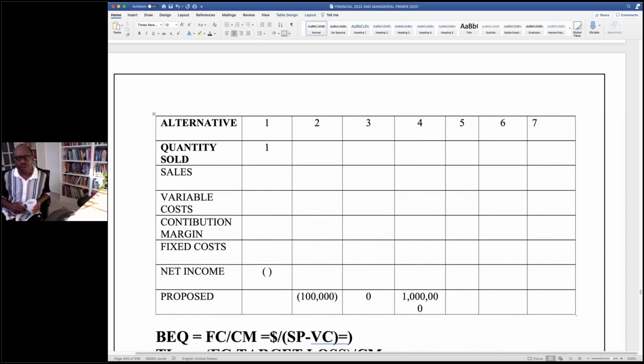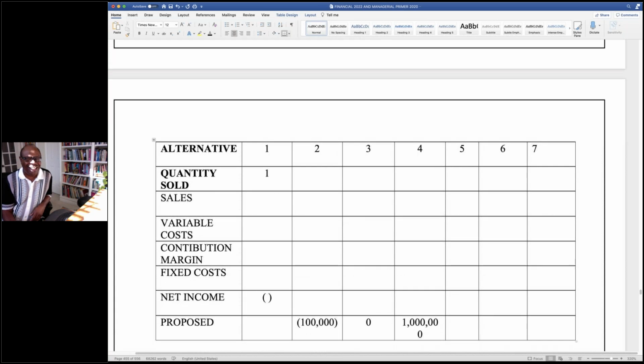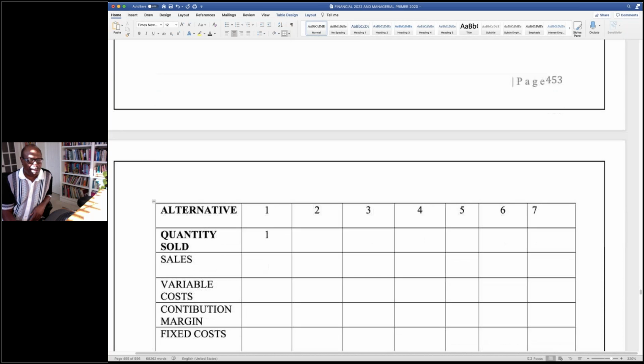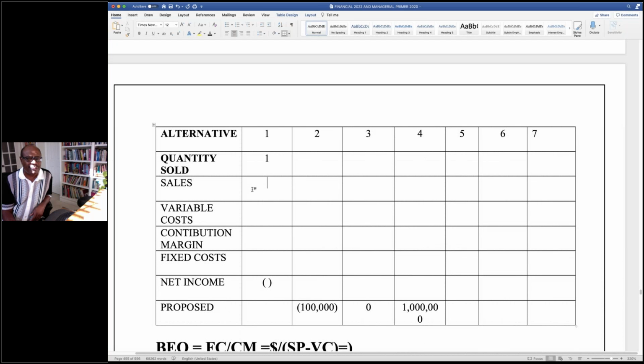Can you sell 1 computer? Terrell, can you sell 1 computer? I'm trying to. Hold up. What's the selling price of 1 computer? 2,500.